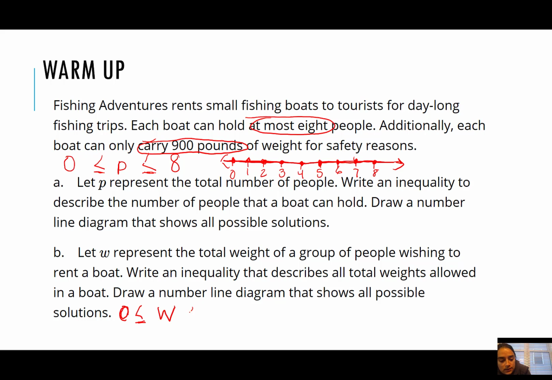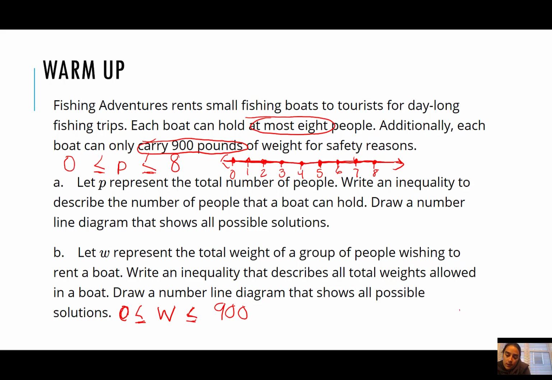So we have to stop at 900 pounds. The weight of the boat can be less than or equal to 900. It cannot be 900.5. It could be 899 safely.